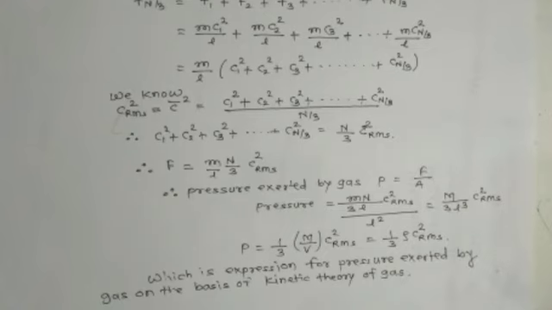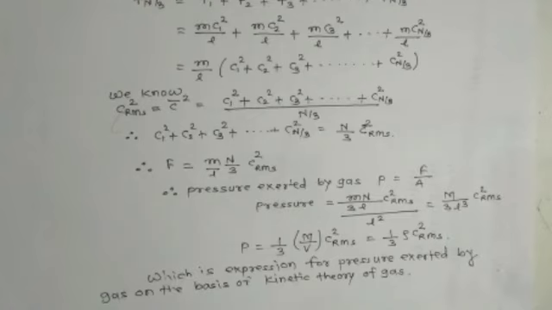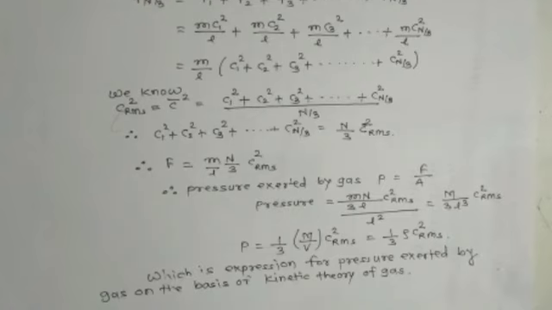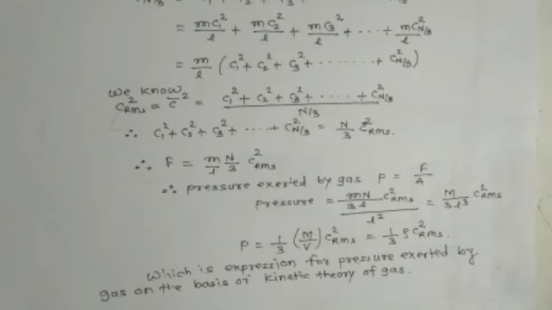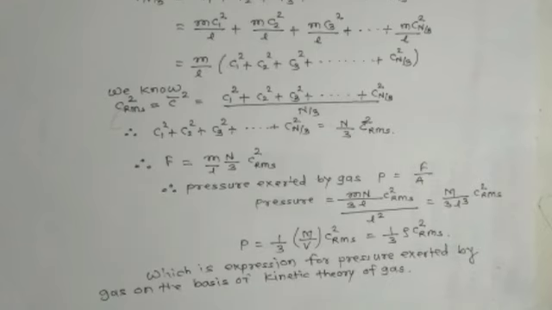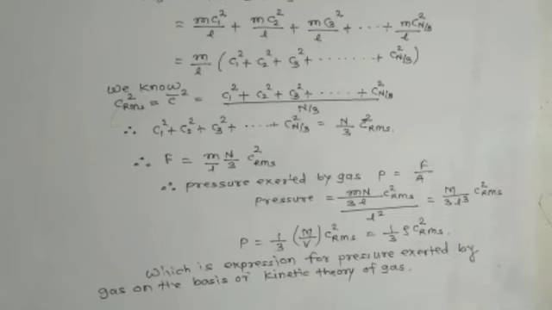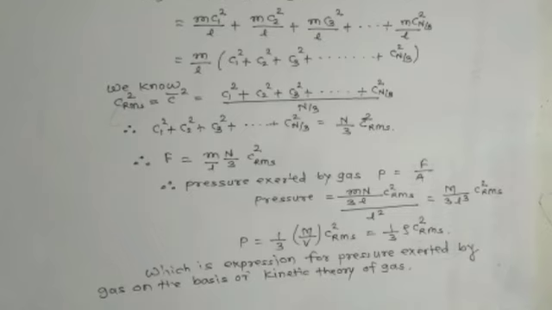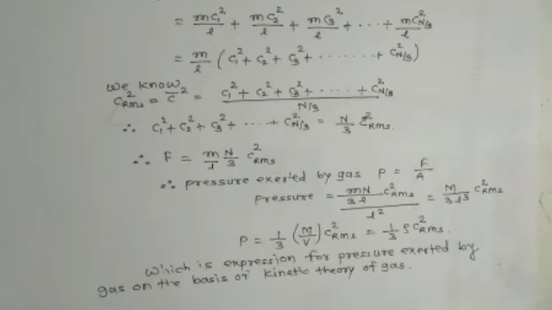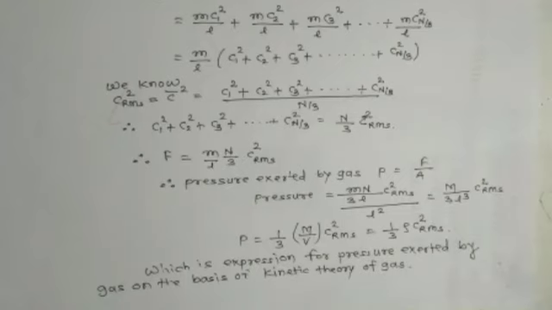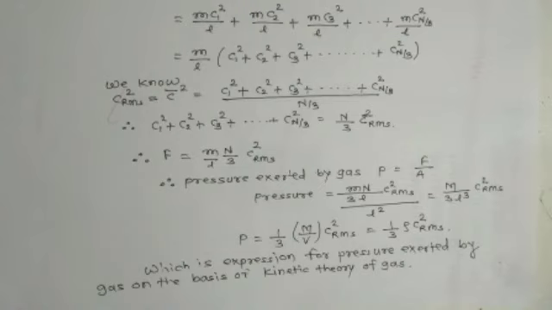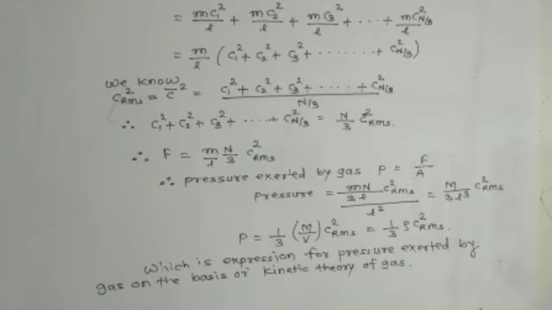We know that pressure P equals 1 upon 3 m upon V c square RMS, that is rho. So P equals 1 upon 3 rho c square RMS, which is the expression for pressure exerted by gas on the basis of kinetic theory of gases.